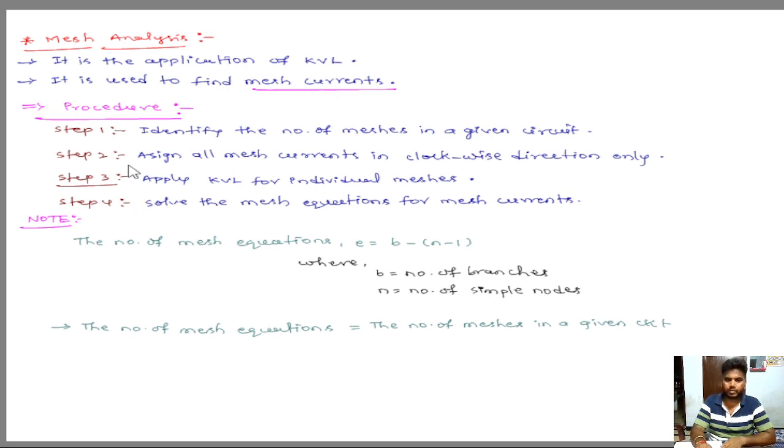First step, we need to identify the number of meshes in a given circuit. Second, assign all mesh currents in the clockwise direction only. This is a very important step to write the mesh equations.